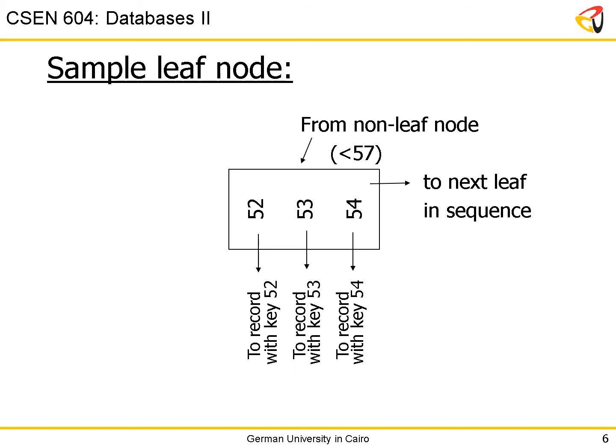Now what are these values? 52, 53, 54. I initially got them from the column I am building the index on. So these values must appear in the column. The reference below the number 52 tells me in which page of the table the row is whose value in the indexed column is 52.